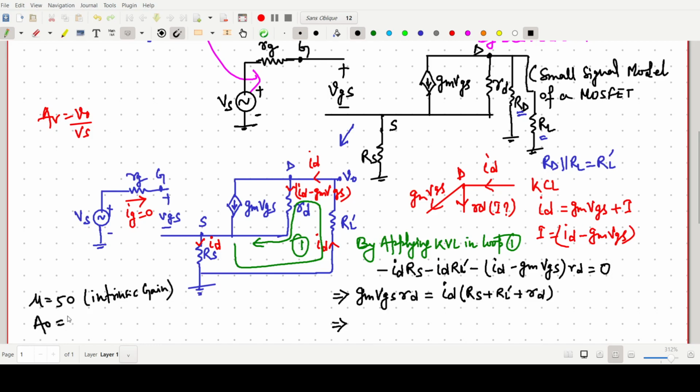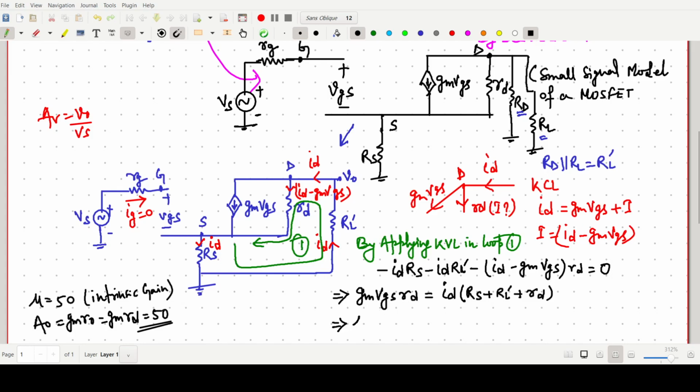So A naught is nothing but simply gm times r naught, or here in this case our gm RD value is given as 50. So in this question gm RD is given.